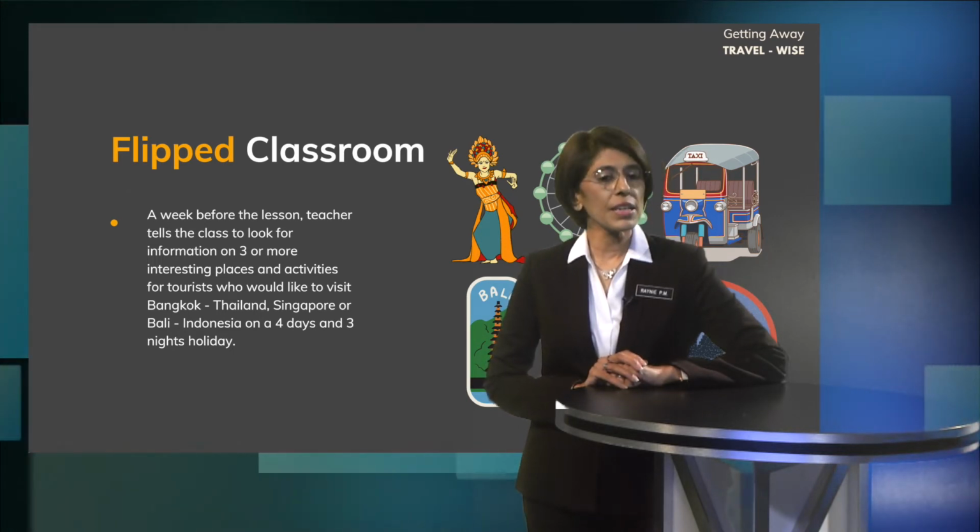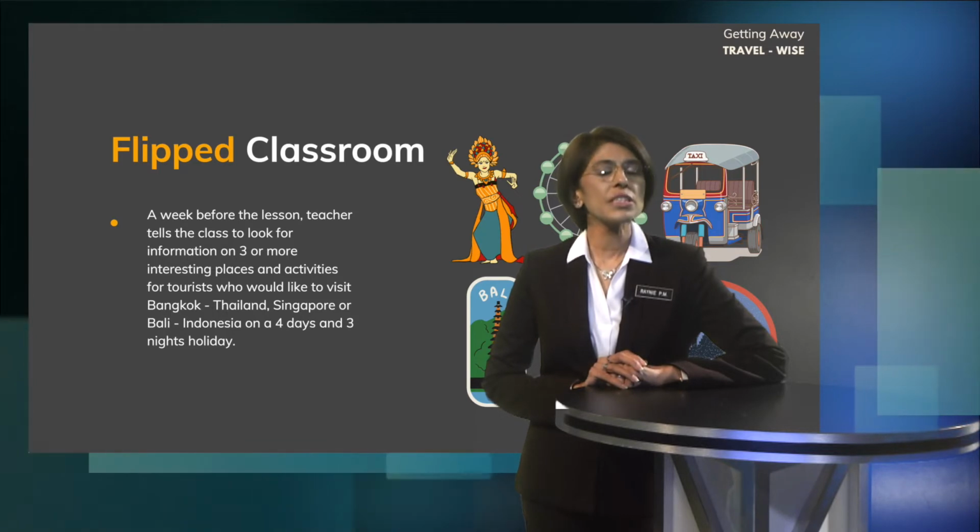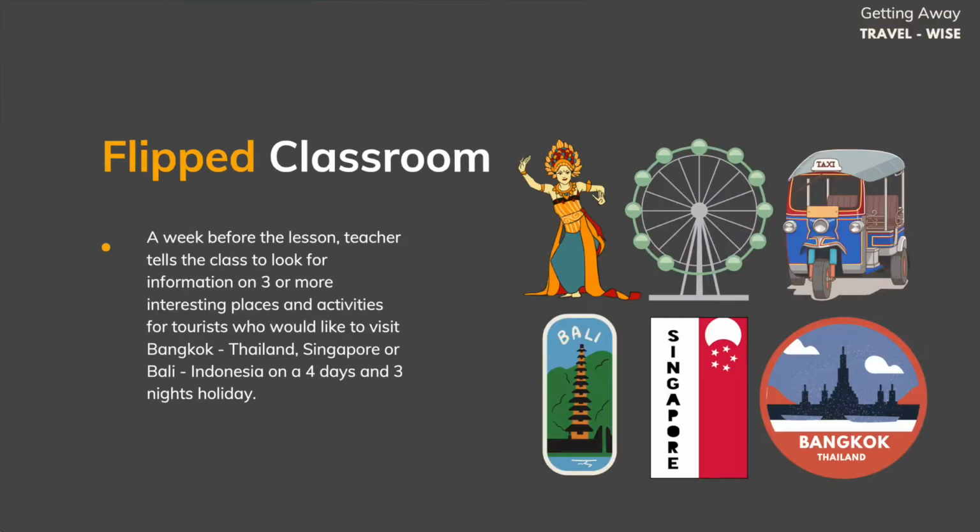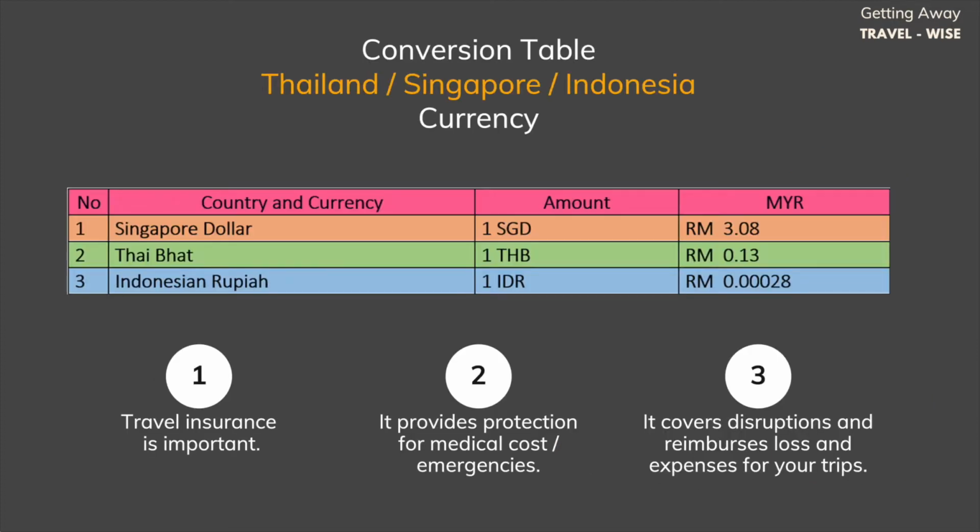On the day of the lesson, the teacher mentions 3 destinations: Thailand, Indonesia, and Singapore. She distributes a brochure and a currency conversion table for these countries. The teacher emphasizes the importance of travel insurance, the currency of each country against the Malaysian ringgit, and the importance of working within a budget.